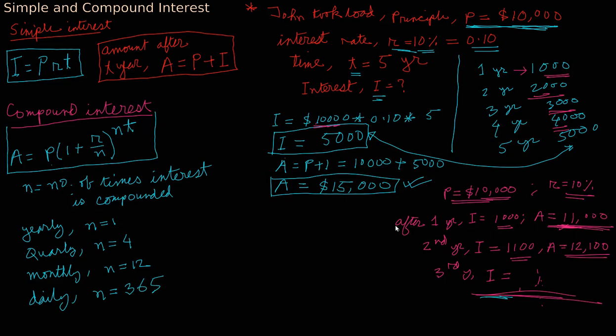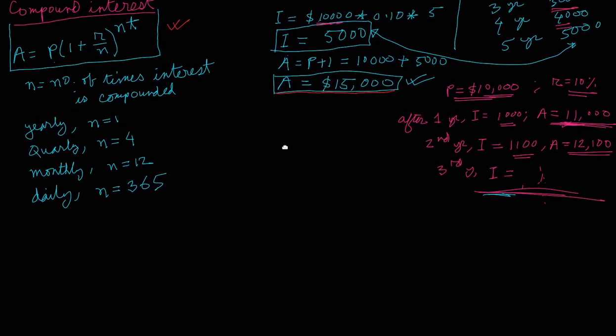So now what I am going to do is solve the same problem using the compound interest formula, so that I can compare the result with the simple interest. So with the same problem, that means my P is $10,000, my R is 10%, which is 0.10, and my T is 5 years.